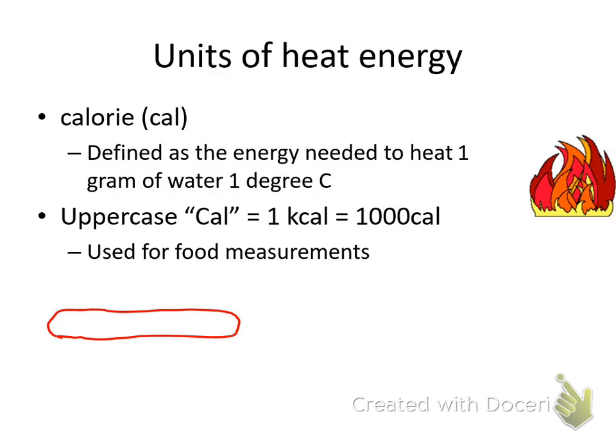This is what shows up in your nutritional labels. So when it says that your Rice Krispie treat is 80 calories, it's not actually 80 lowercase calories. It's actually 80,000 lowercase calories, or 80 kilocalories. Kind of a scary thought.